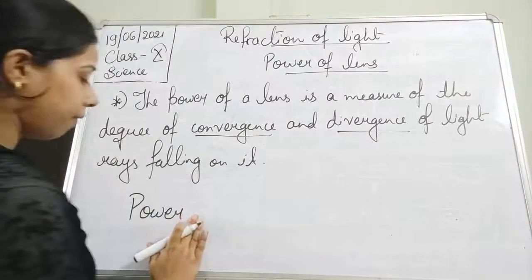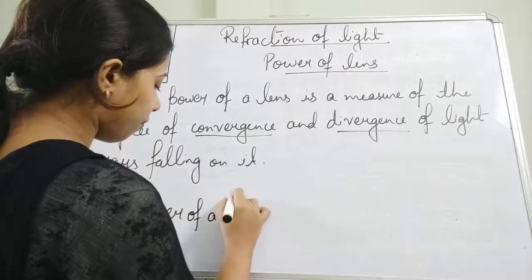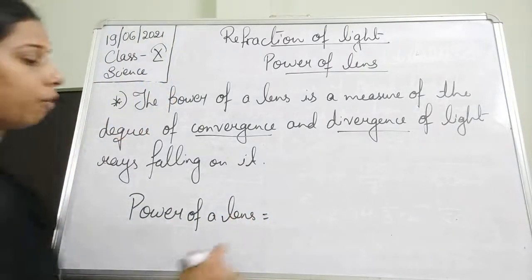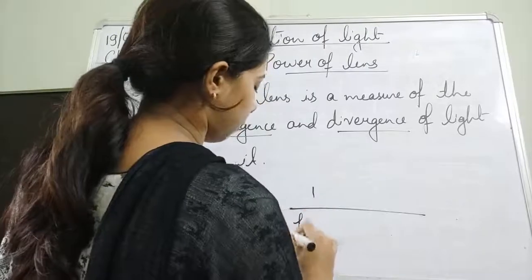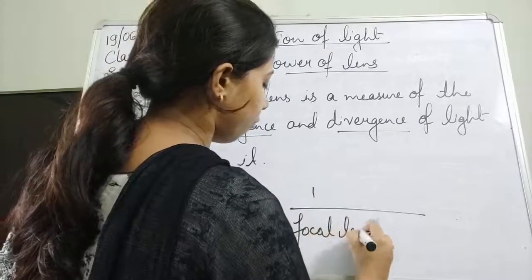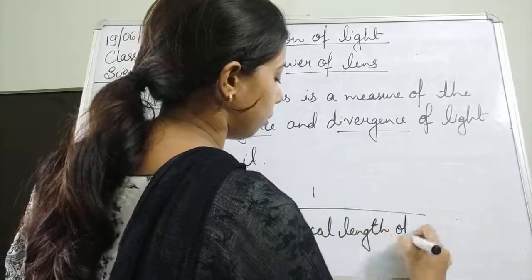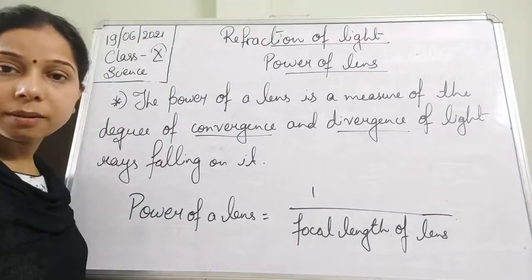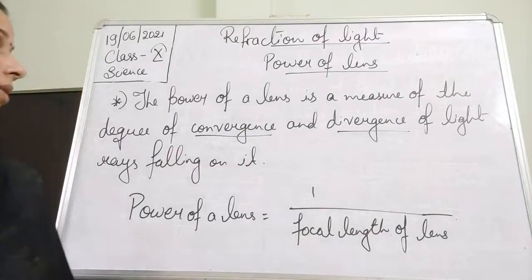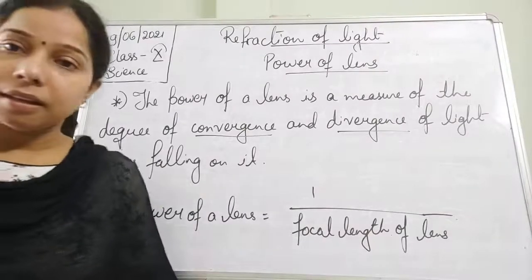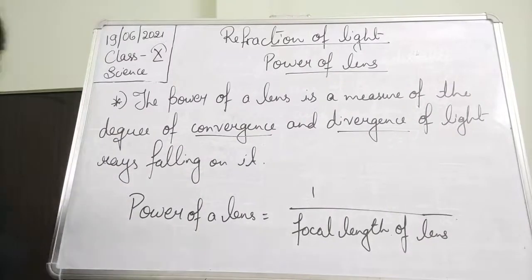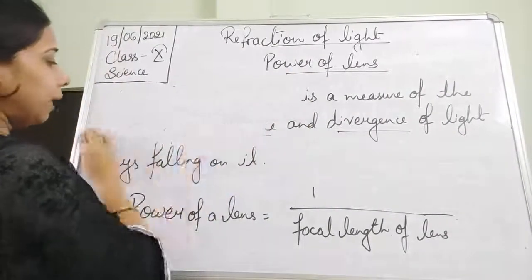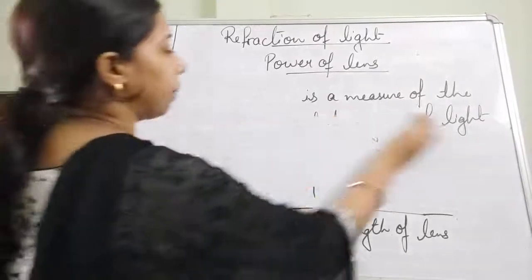So power of a lens is equal to 1 by focal length of the lens. So the power of lens can be written as P is equal to 1 by f.